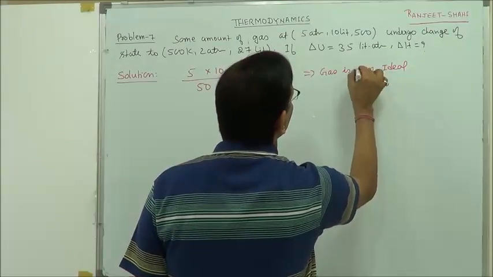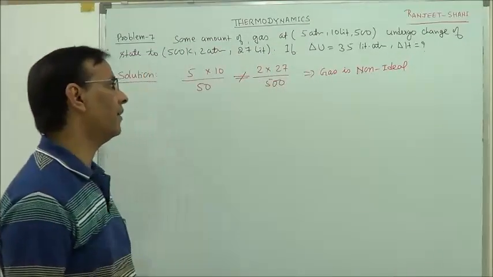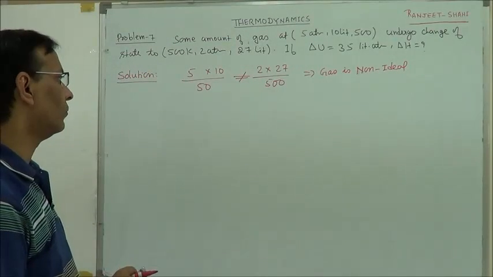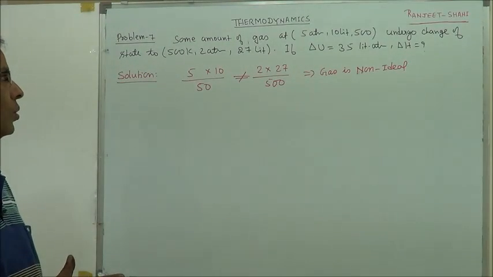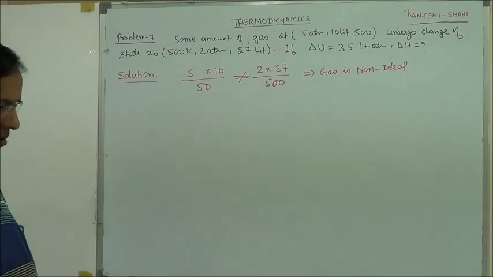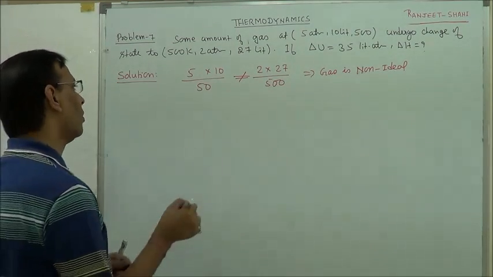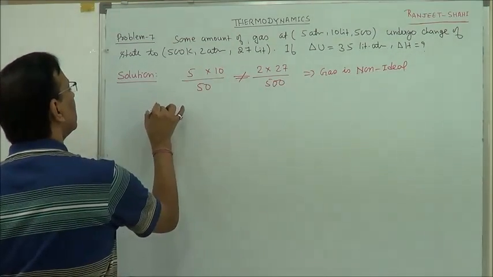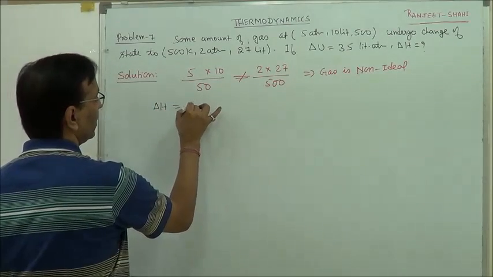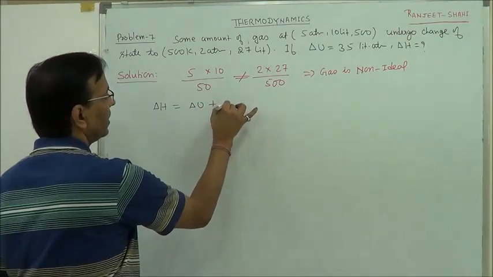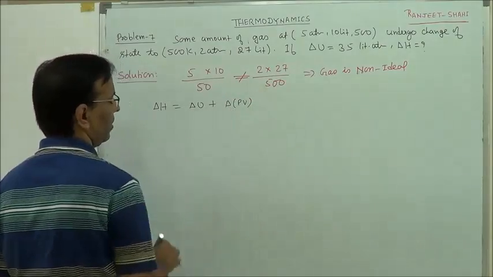That is important. So what to do? The only way to find out delta H is delta U plus delta of PV.